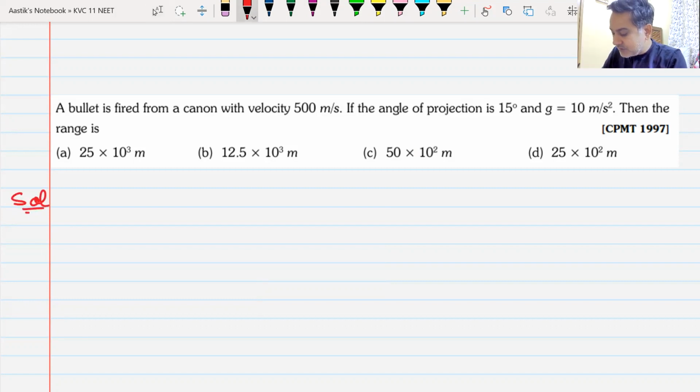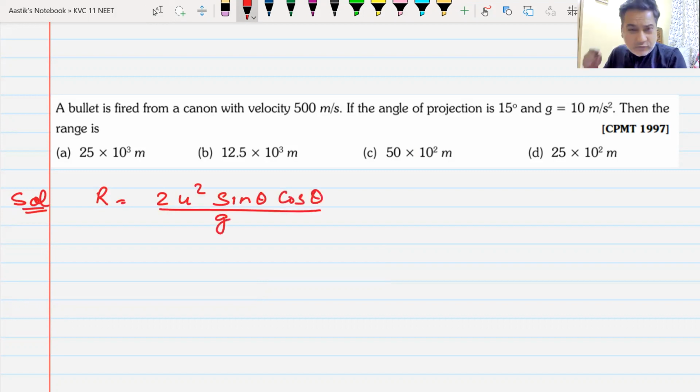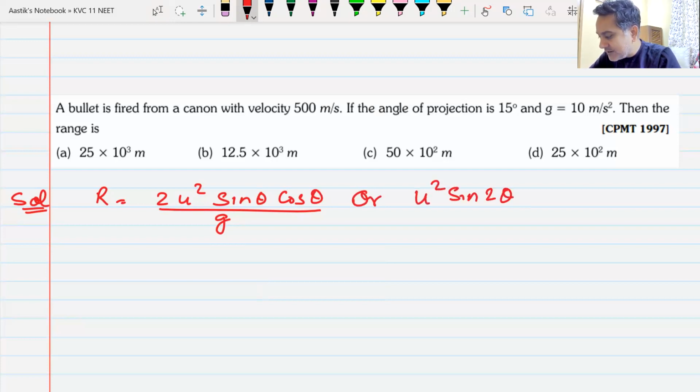Here, the simplest one is this: if you try to do it by the formula 2 times u square sine theta cos theta by g, you will have to find the value of sine 15 and cos 15, which is not known. So it's better to use u square sine 2 theta by g, because if theta is 15, 2 theta becomes 30.